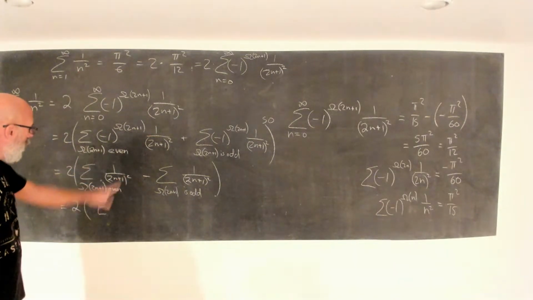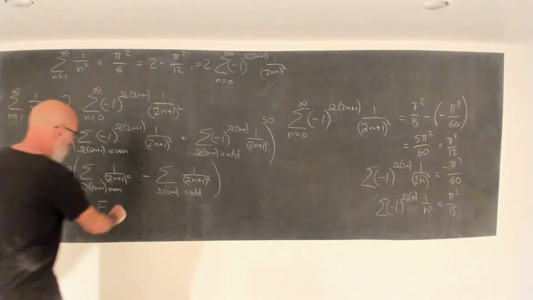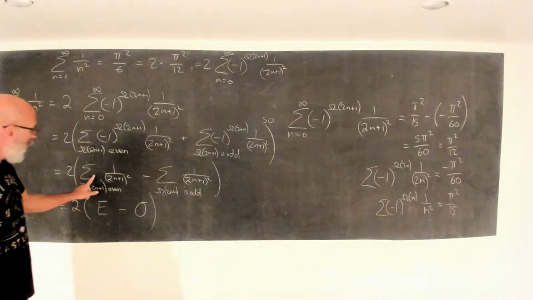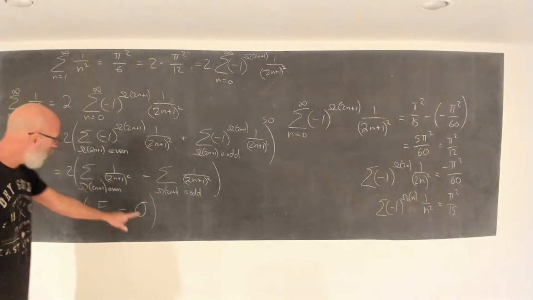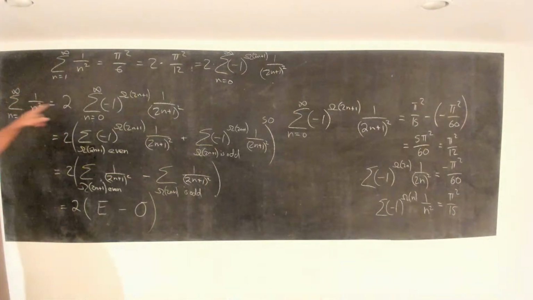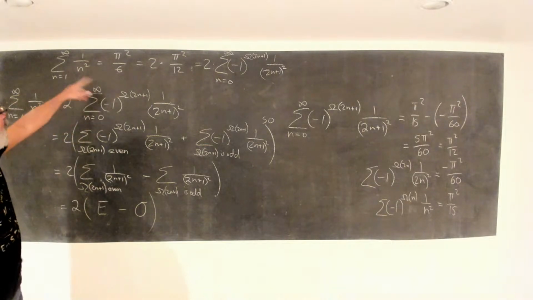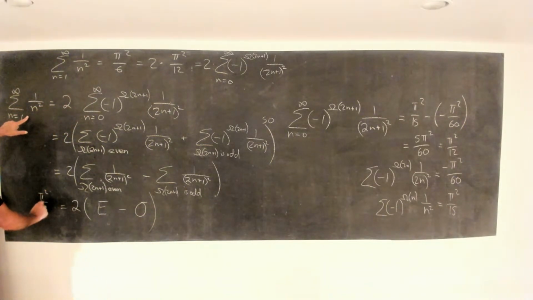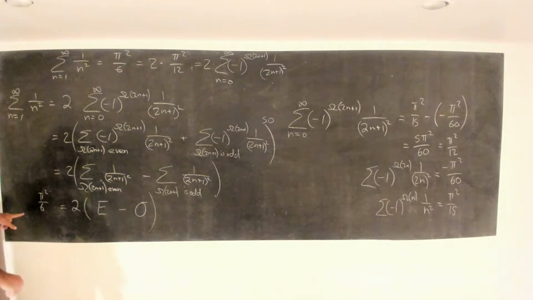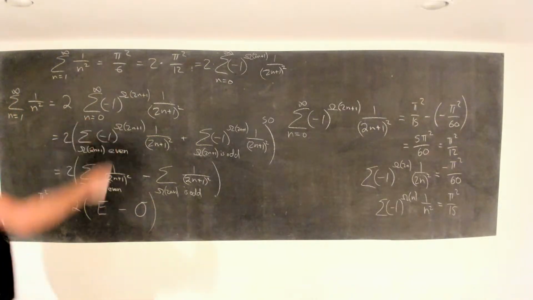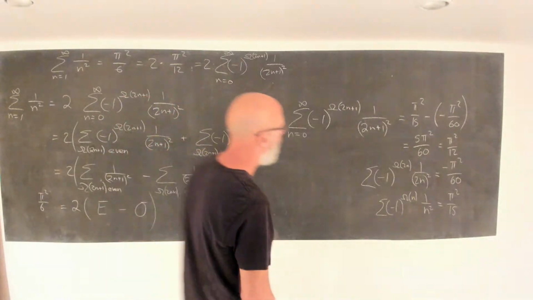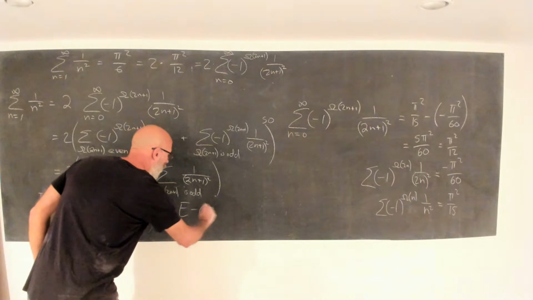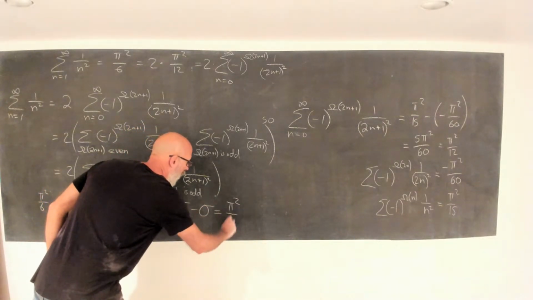Let me call this E. And let me call this O. So E minus O is actually what, right? It's 2 times this, so this is pi squared over 6. So E minus O is actually pi squared over 12. Exactly the result we had right here. So E minus O is pi squared over 12.